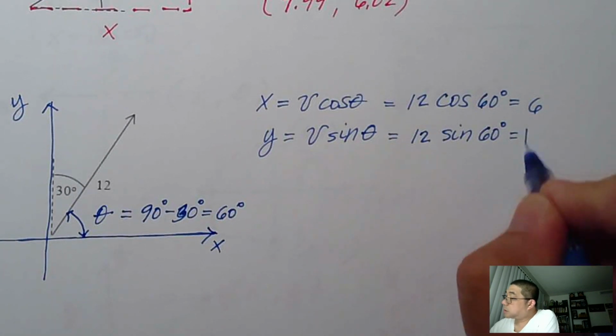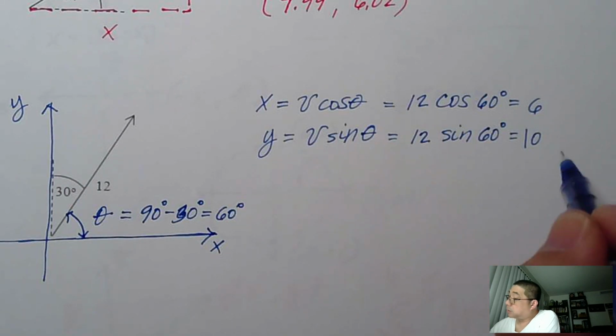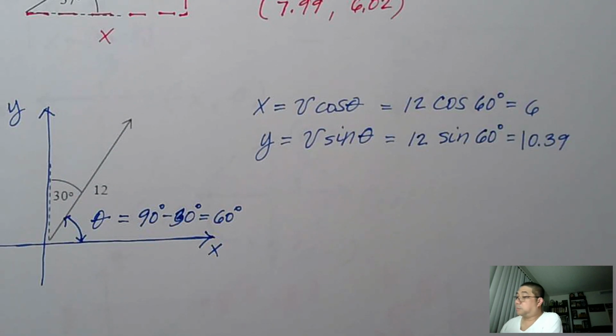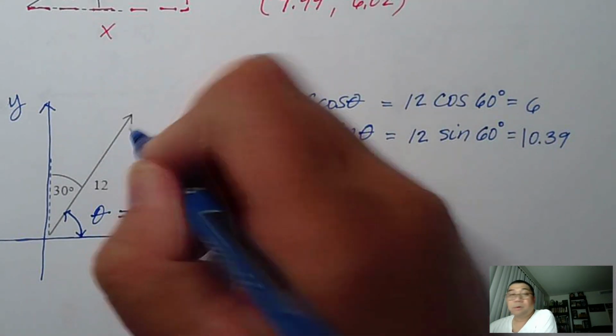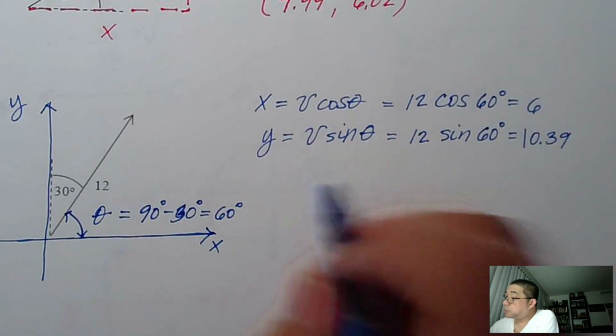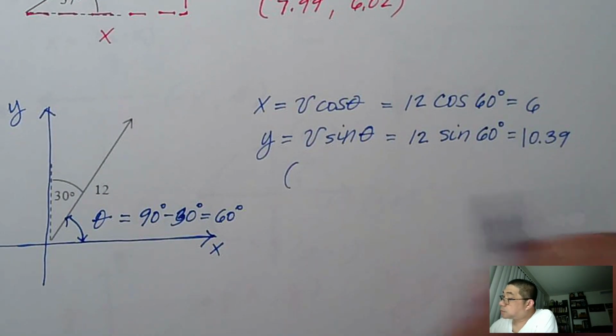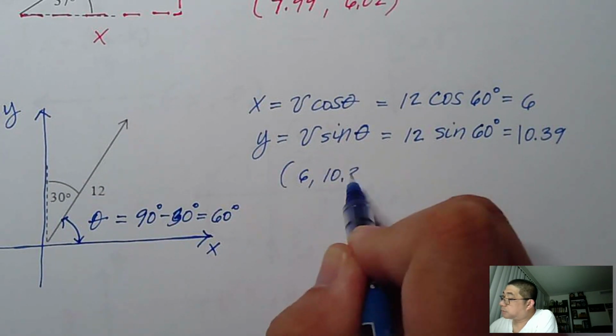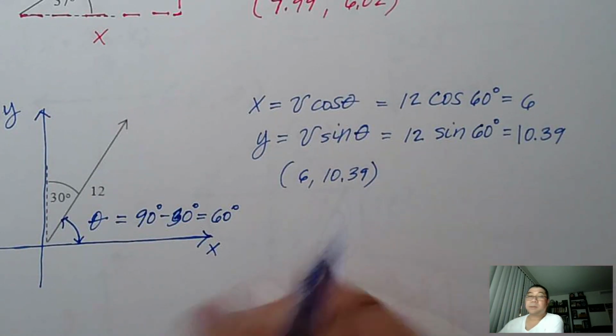So that is 10.39. So the components are as follows. X is 6, Y is 10.39. So these are your components.